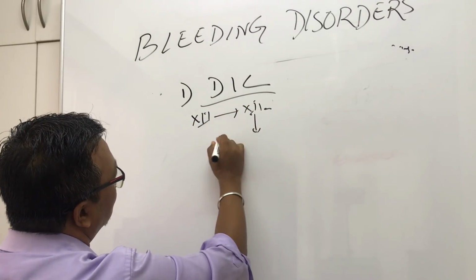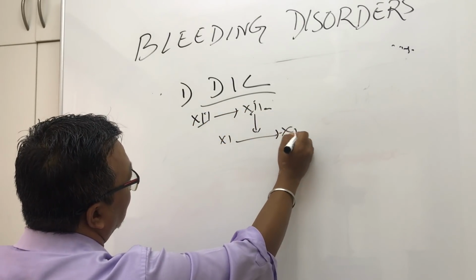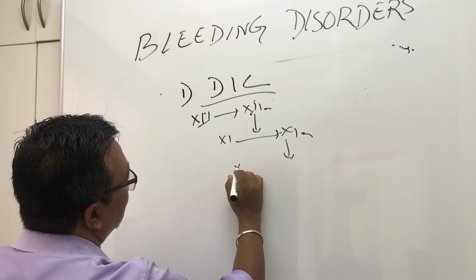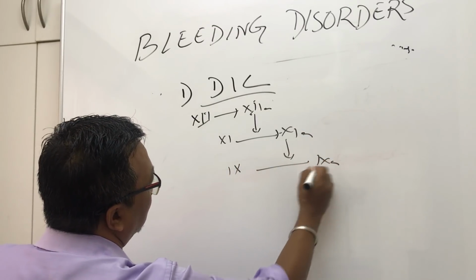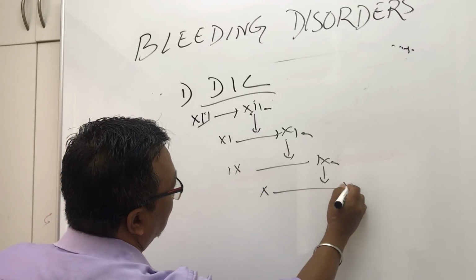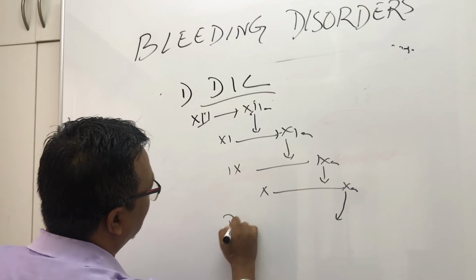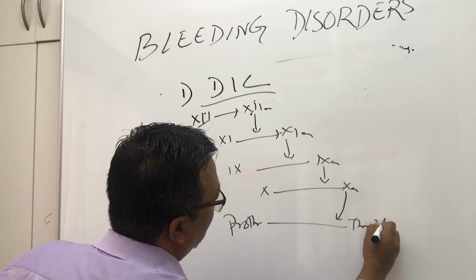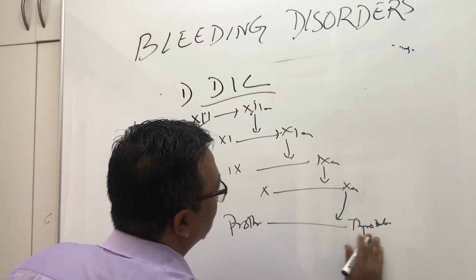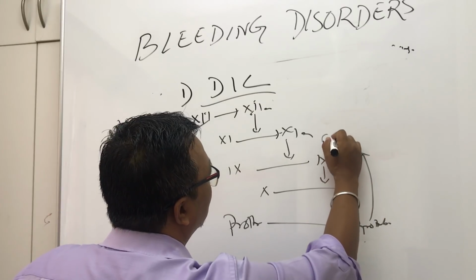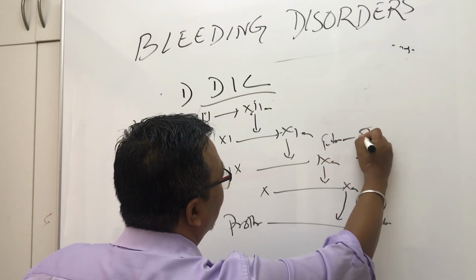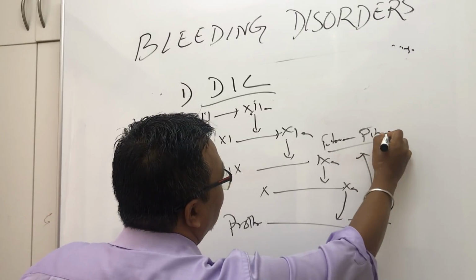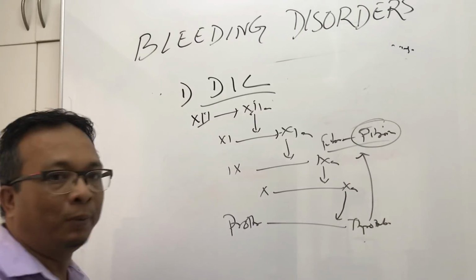Prothrombin to thrombin, and finally thrombin converts fibrinogen to fibrin. We know that from our year 1, that it produces fibrin.